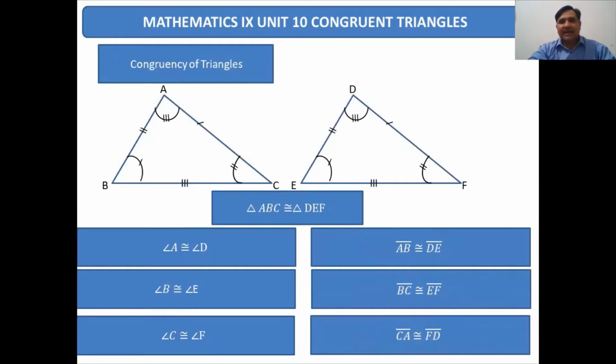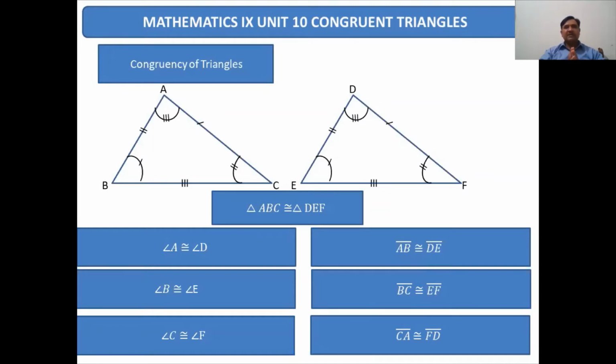So two triangles are congruent if their corresponding angles are congruent and also the corresponding sides are congruent. Congruency means they are equal triangles, meaning their shape and their size is same.